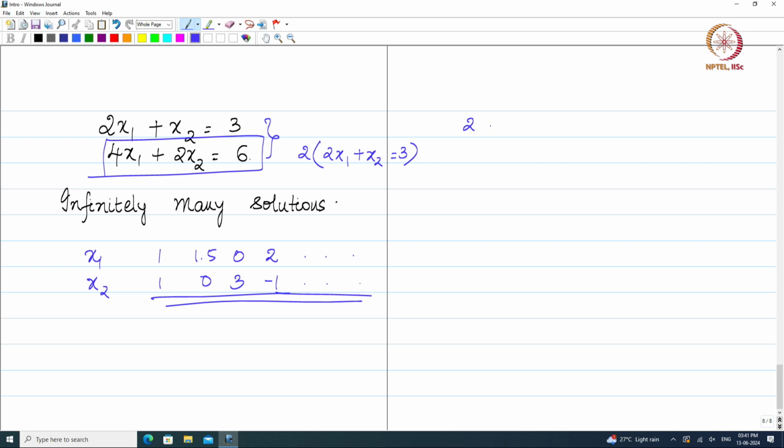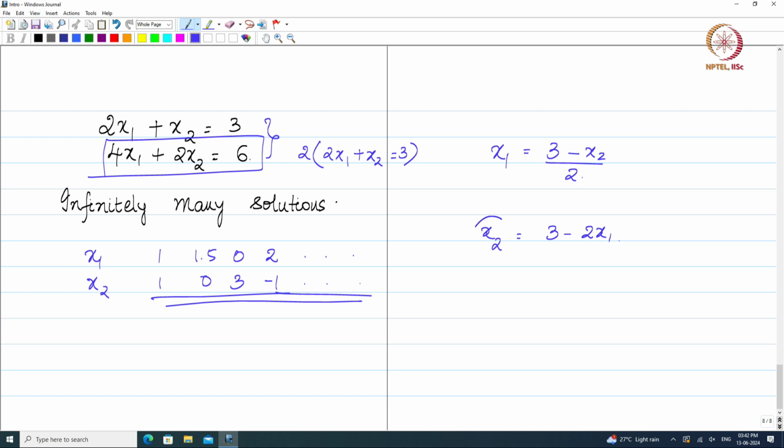So what I do is I now try to do this. I can always write x1 is equal to (3 minus x2) by 2, or if you want to write the other way around, I can write x2 is equal to 3 minus 2x1. Now what is interesting here?